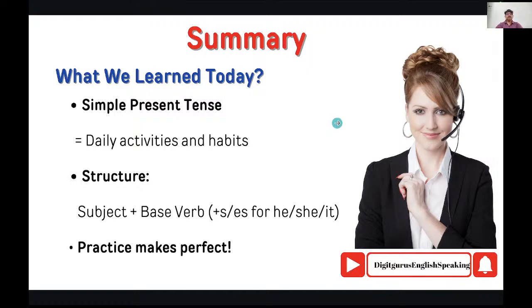Great. So next we have learned the formula of this tense, that is, the sentence structure. What will be the sentence structure of this tense? Subject, base verb, adding s or es for he, she, it. Subject could be anything: he, she, it, or I, we, they, and any word.